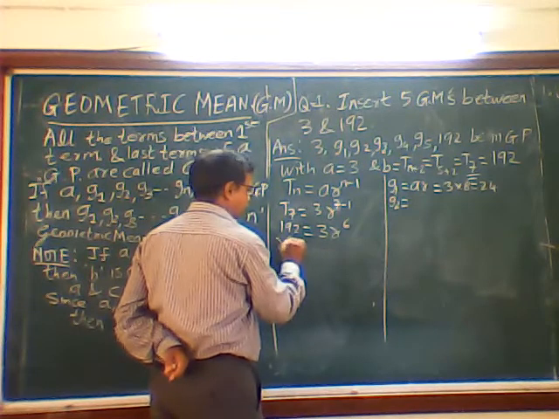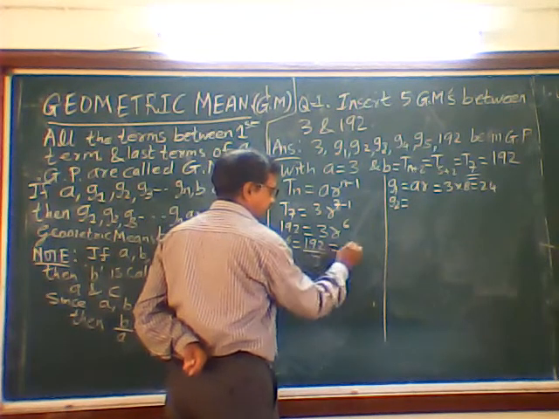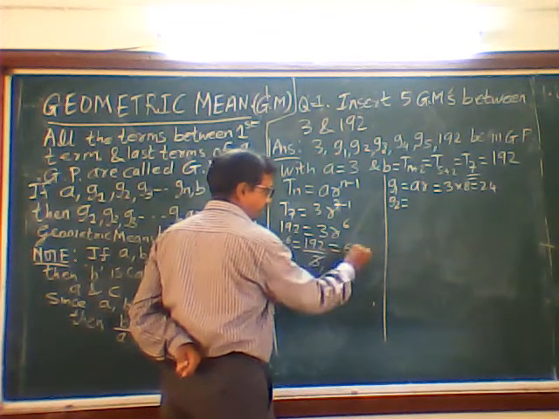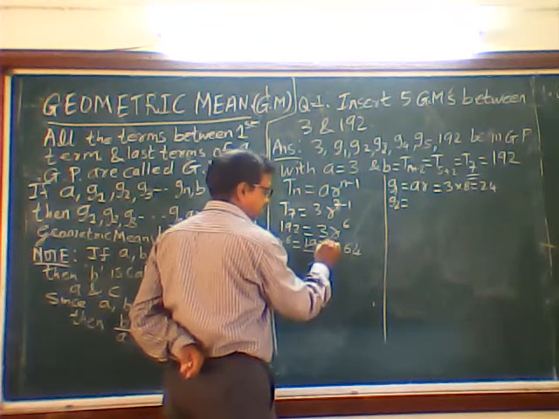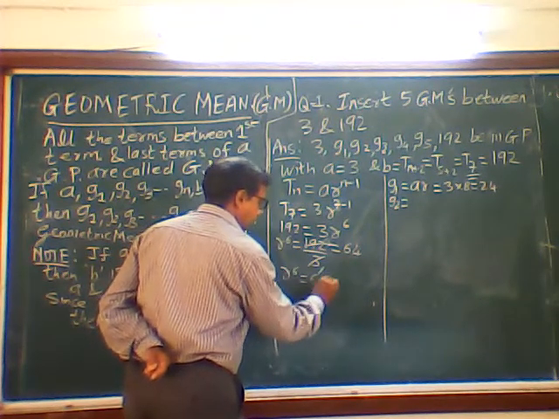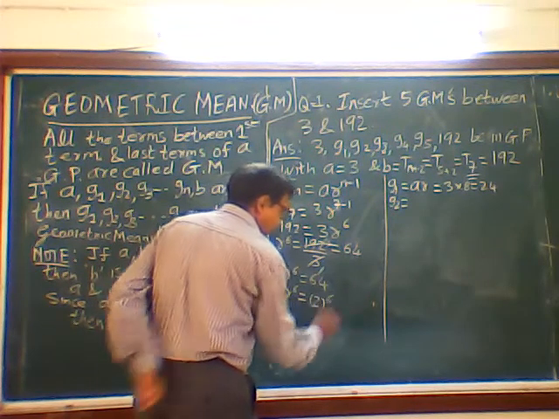Now R raised to 6 is 192 divided by 3. 3 sixes are 18, carry forward 12, 3 fours. So R raised to 6 is 64, which is 2 raised to 6.